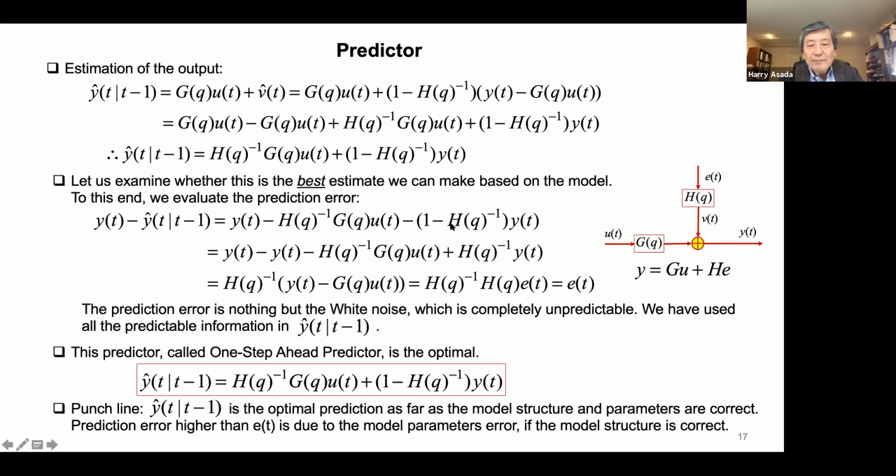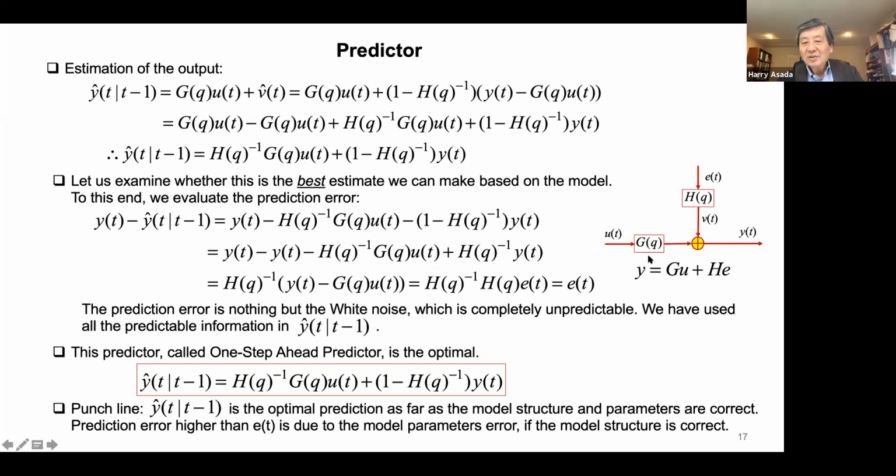First break out y(t) sitting here, and the rest, the plus H inverse y(t), is sitting here. Then this y(t) cancels out, and for the rest we can factor out the H inverse. The remaining part is y(t) minus G(q)u(t).